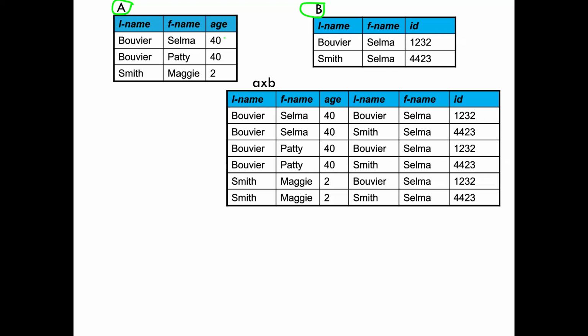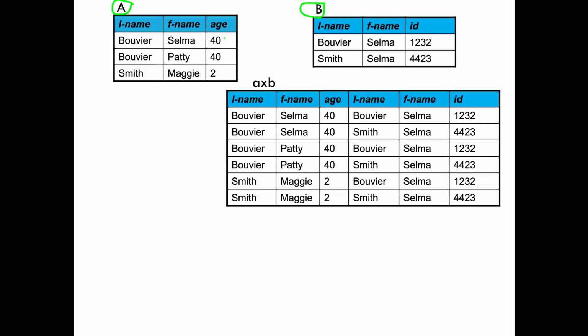Do you think I can just union them? Can I union them? They have 3 attributes together, right? But do they have the same type? Let's say that if age is integer and ID is string, you cannot join them, right?